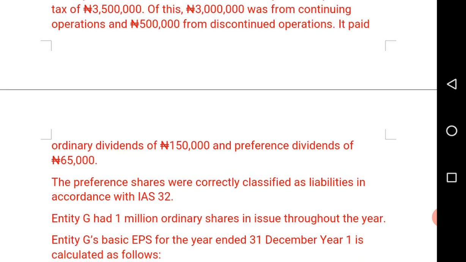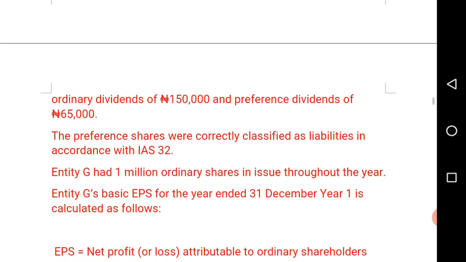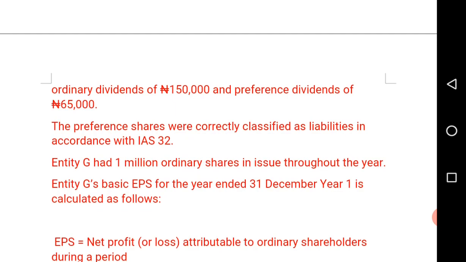The preference shares were correctly classified as liabilities in accordance with IAS 32. Entity G has had 1 million ordinary shares in issue throughout the year. Entity G's basic EPS for the year ended 31st December year 1 is calculated as follows.